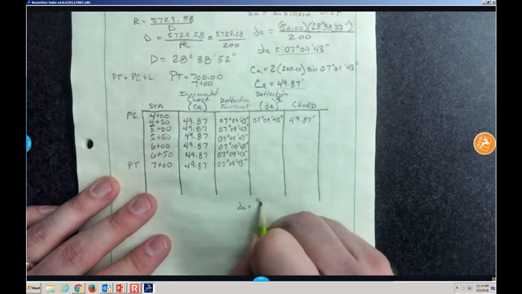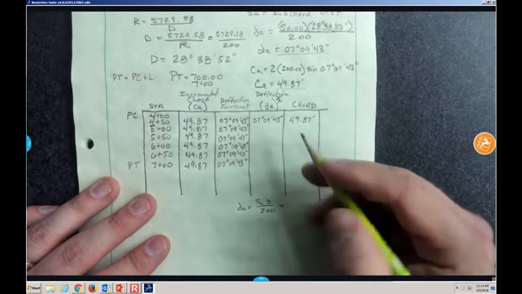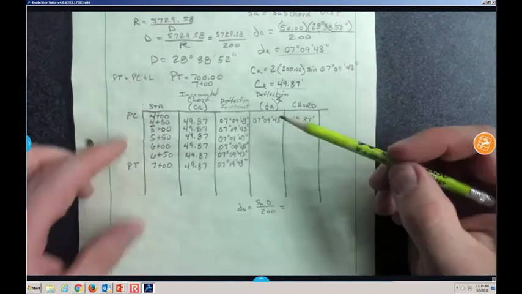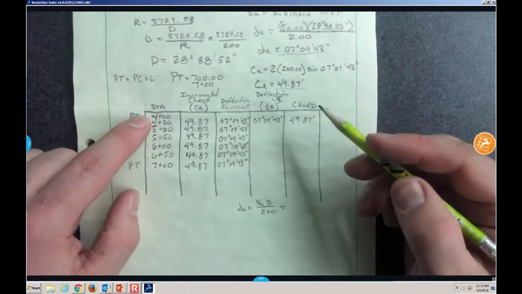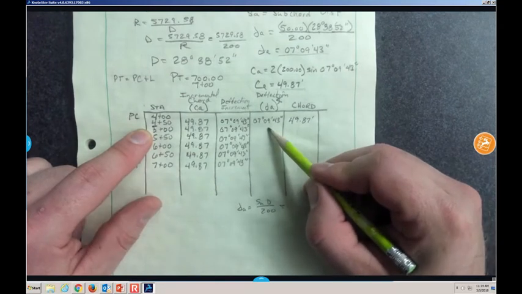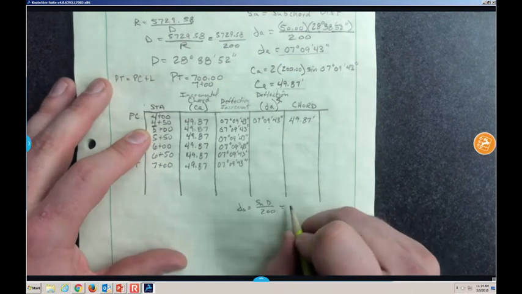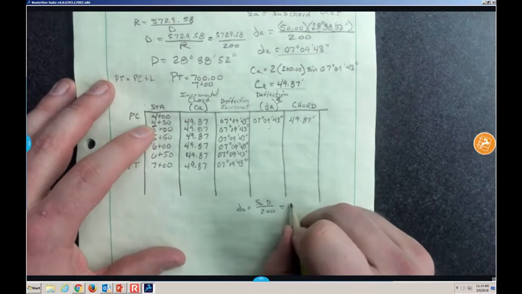Alpha A is equal to SA times D over 200. All right, so for this first one, we're going 100 feet from the PC because we're going to go to 5 plus 00 to get this angle. So 5 plus 00, that's 100 feet of change.